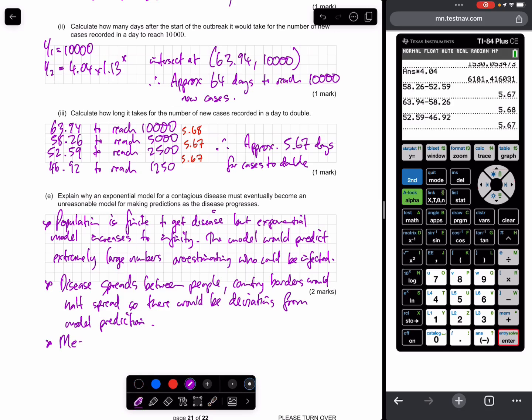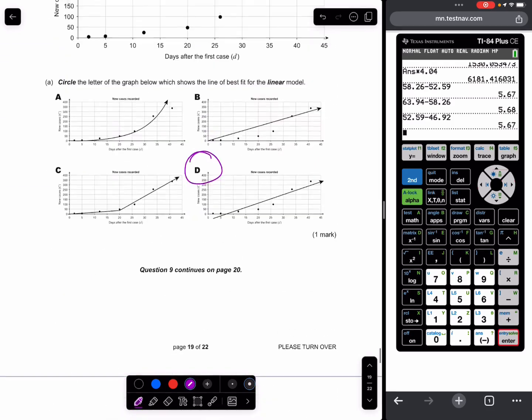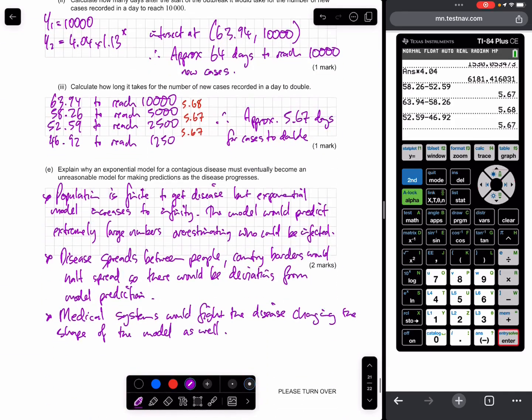Medical systems would fight the disease, changing the shape of the model as well. This is assuming free spread, basically.